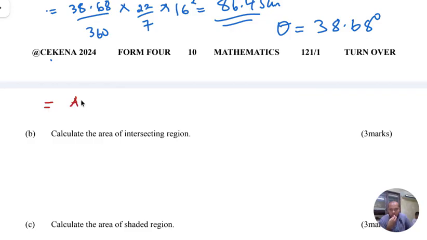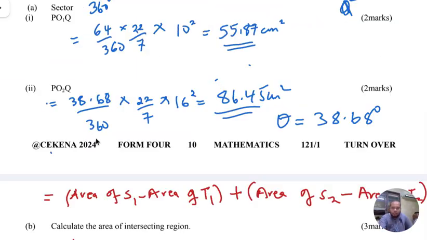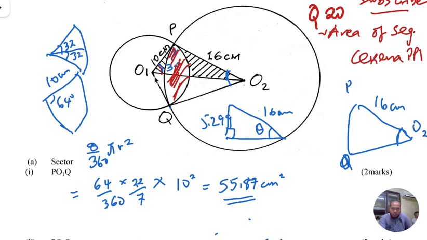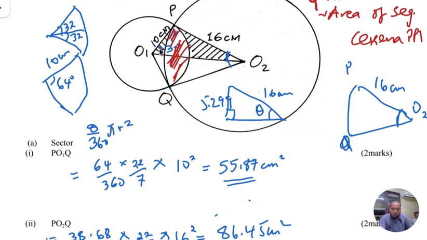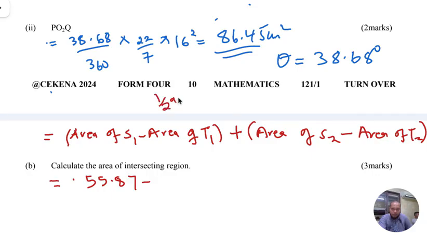So area of the first sector minus area of triangle, which is G1, so that will be the first intersecting segment, and you add the area of the second sector minus the area of the second triangle. So the area of the first sector we know is 55.87, minus the area of the first triangle, whose angle is 64, and we know AB is 10. Remember the area of a triangle is given by half AB sin theta.